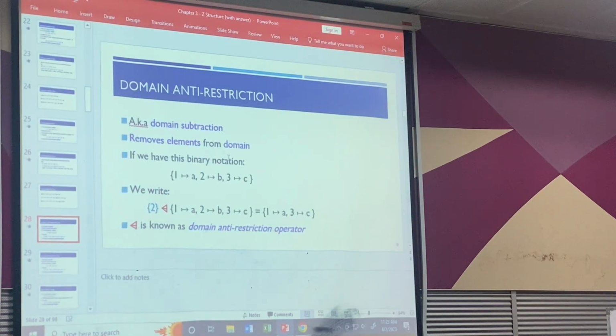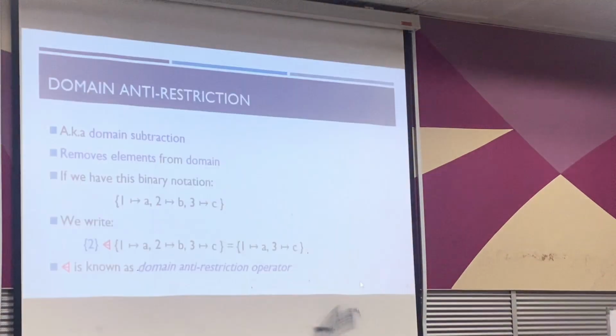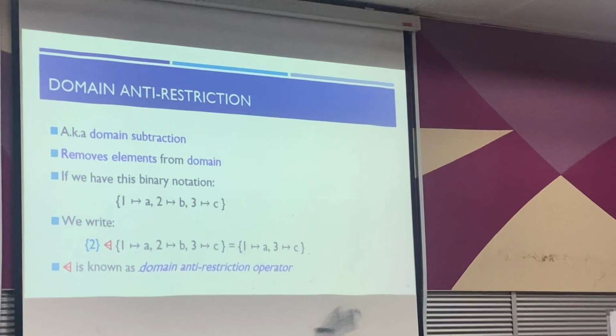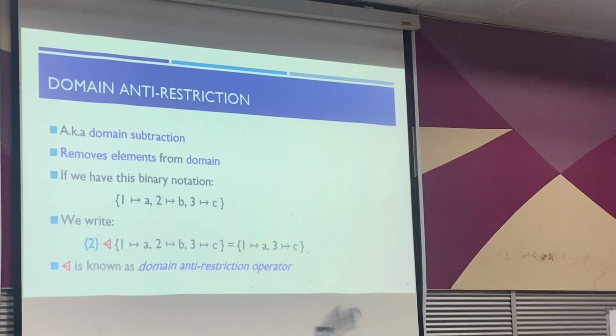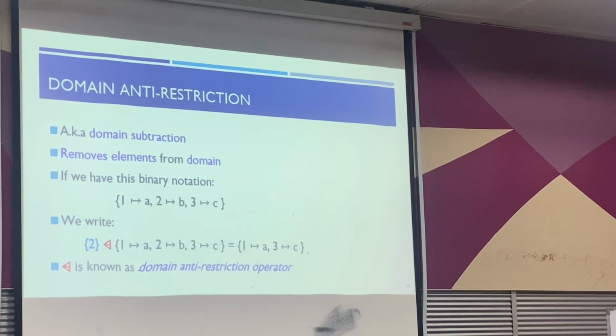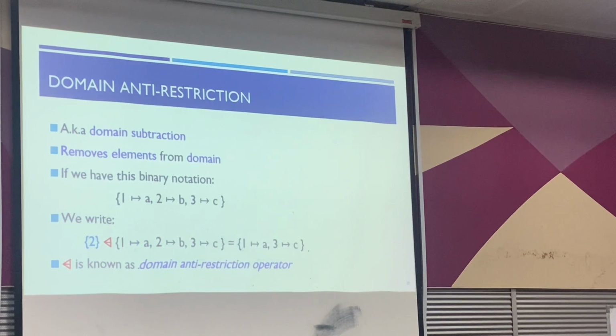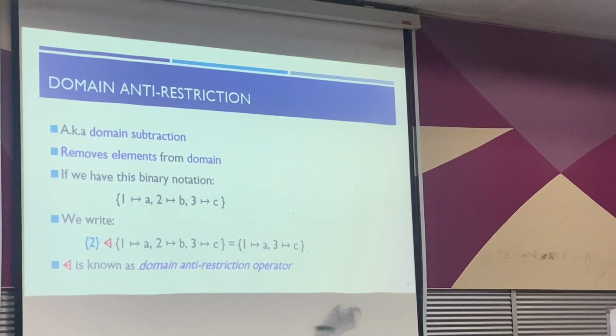Okay, so after you have done with domain restriction and range restriction, those are searching the data and producing the result. If no result is found, it will be the empty set. You can also do another one, what we call anti-restriction. Anti-restriction's other name is subtraction. It can be domain anti-restriction or range anti-restriction.